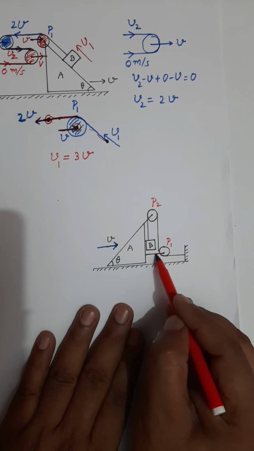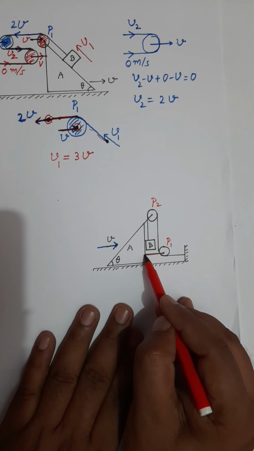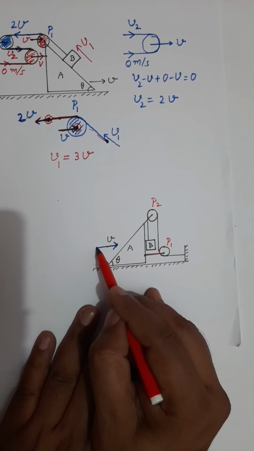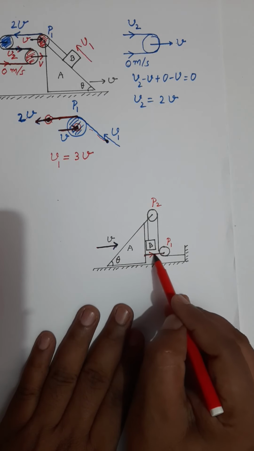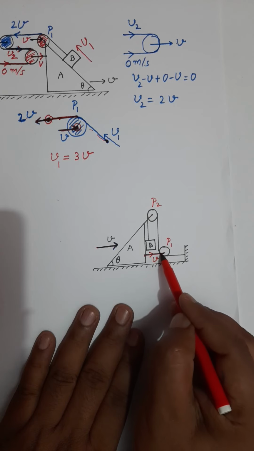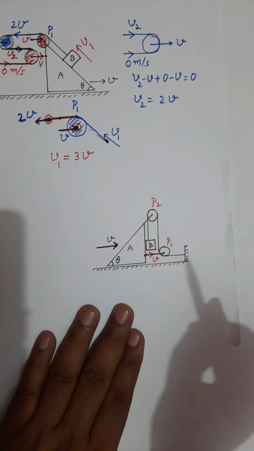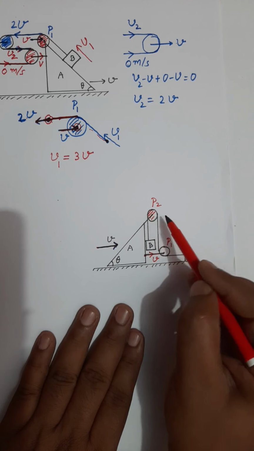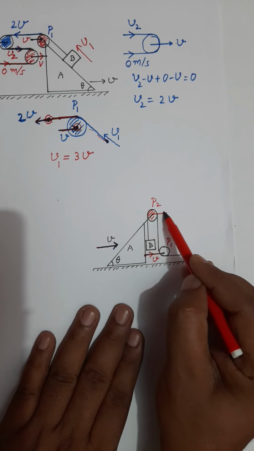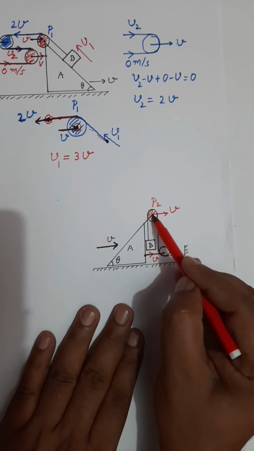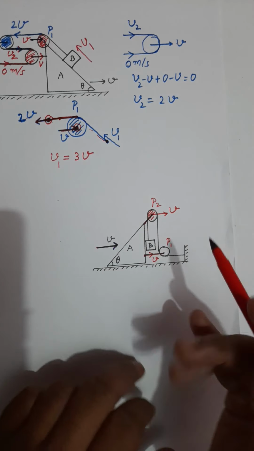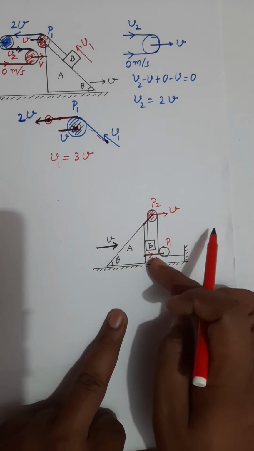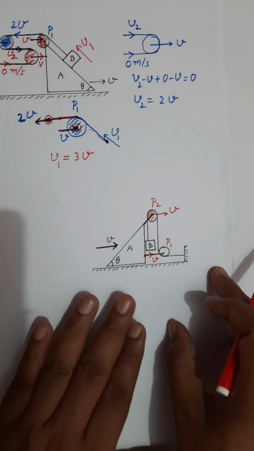Pulley P1 is attached to the wedge. So if the wedge is moving forward with velocity v, definitely this string will also move forward with velocity v, since it is attached to the wedge. This pulley P2 is also moving forward with the same velocity v as it is attached to the wedge. Anything which is attached to this wedge will have the same velocity v.